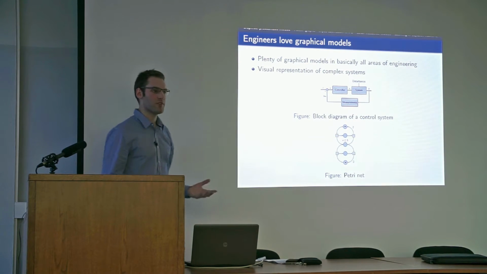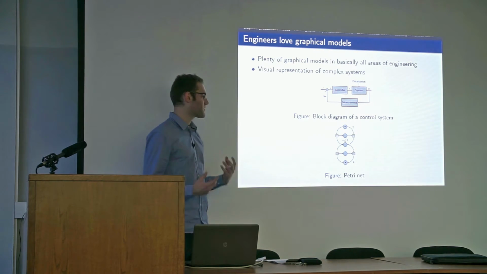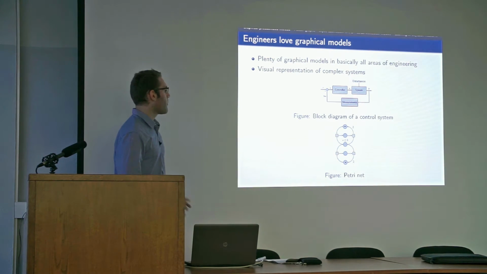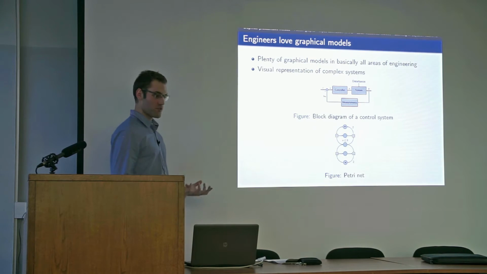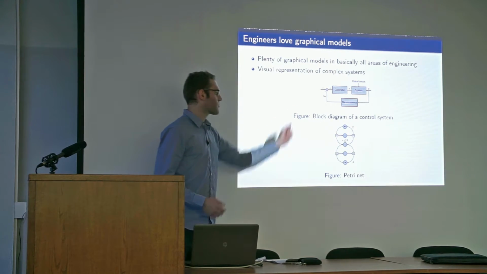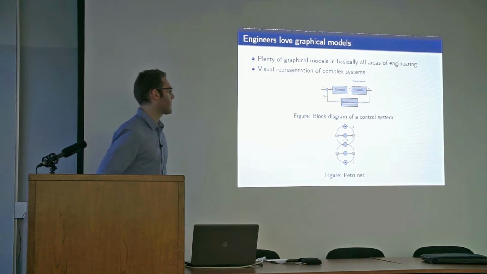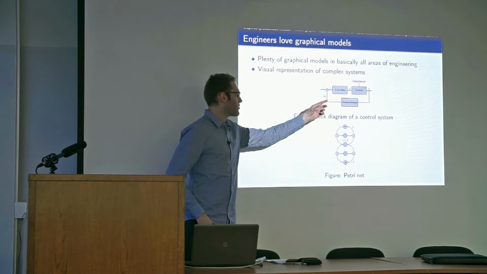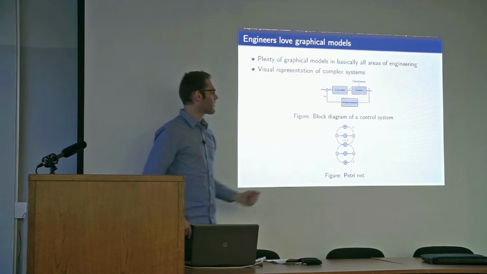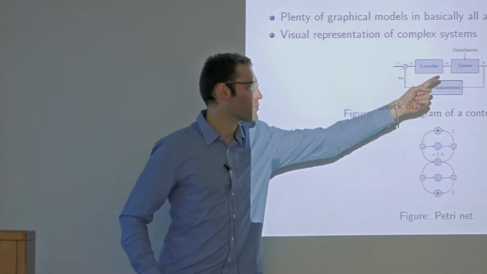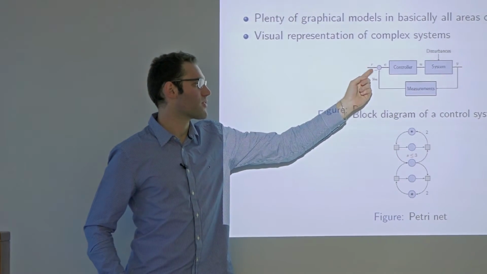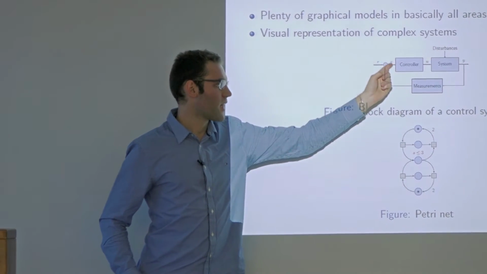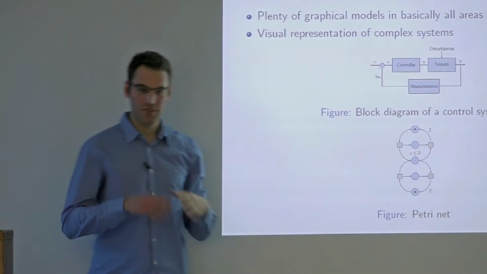Engineers love graphical models, not only in science, but especially in engineering. My background is in control engineering, that's why I chose this feedback control loop. This is one graphical model which says my output y should follow my reference r. This means that if my output y is equal to my reference r, I don't have any error input, and my y will just stay like this.